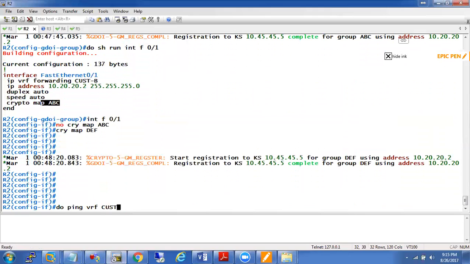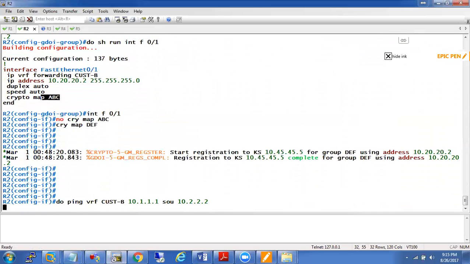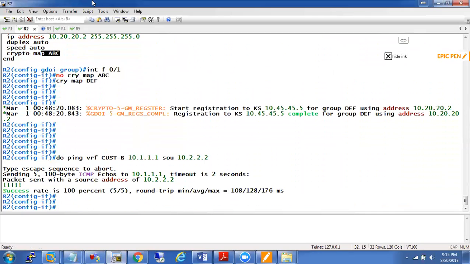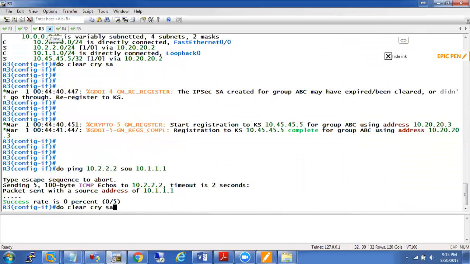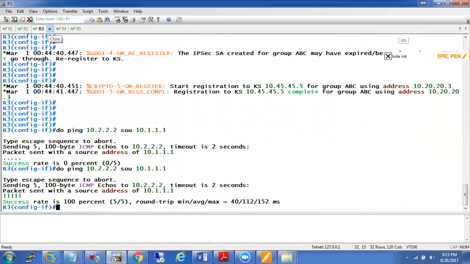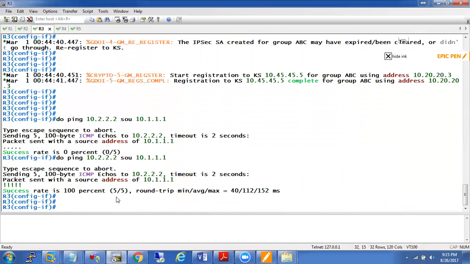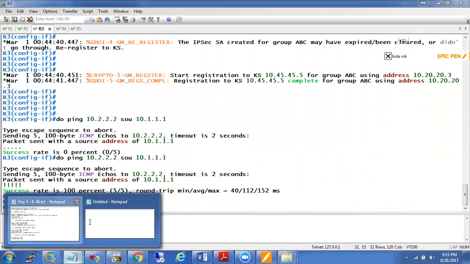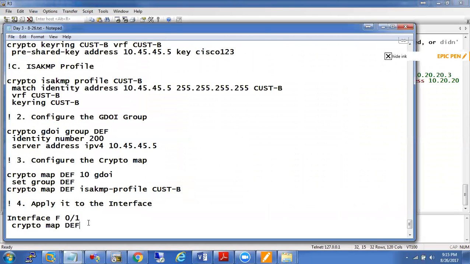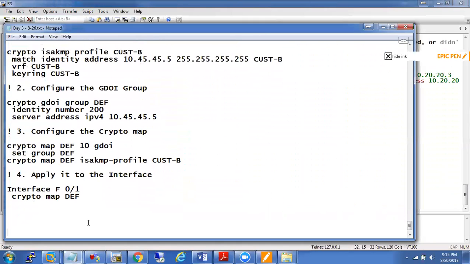Ping VRF, cust B. There you go. I had applied the wrong one. Over here, let's fix this. This was the problem. And that is the one that you need to be careful about.